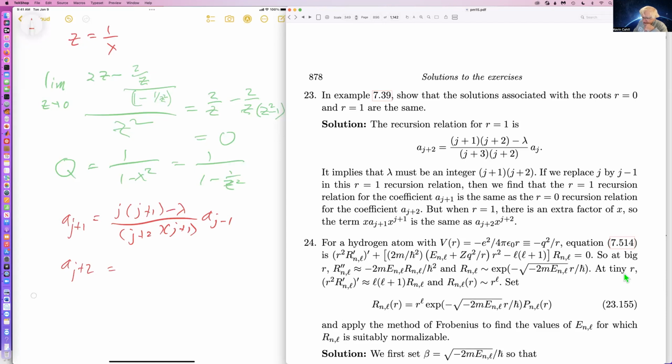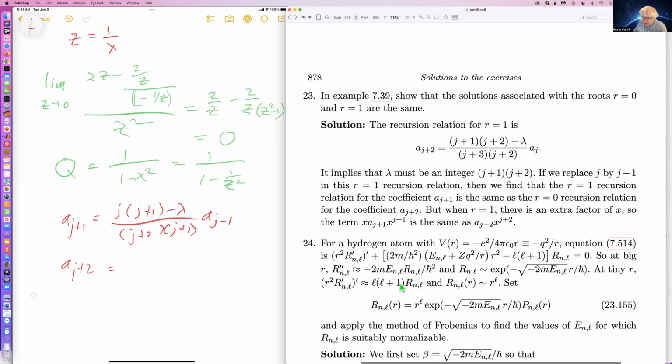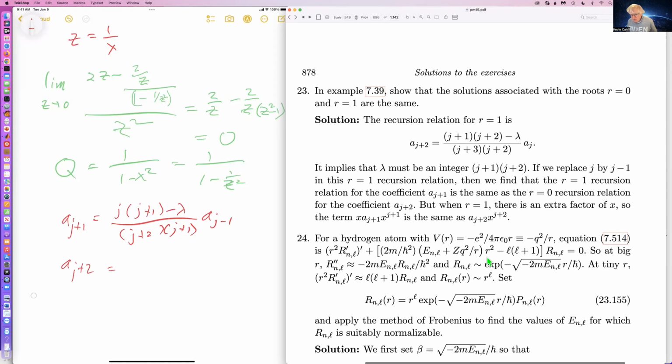On the other hand, at tiny r, the term that's most important is this term. And so then the derivative term is l(l plus 1)R, in other words, this term. And the reason why the 1 over r term doesn't contribute is it's multiplied by r squared.